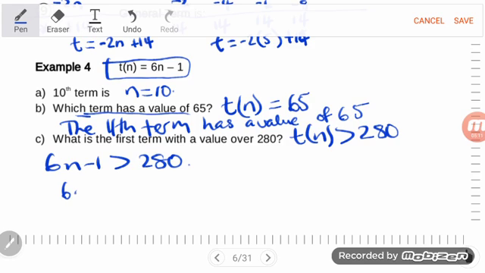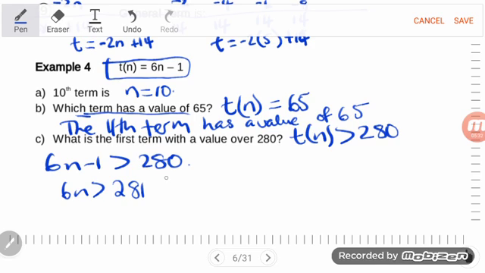Which means that 6n is greater than 281. Because remember, we're collecting like terms, step 1. 6n minus 1 is greater than 280.